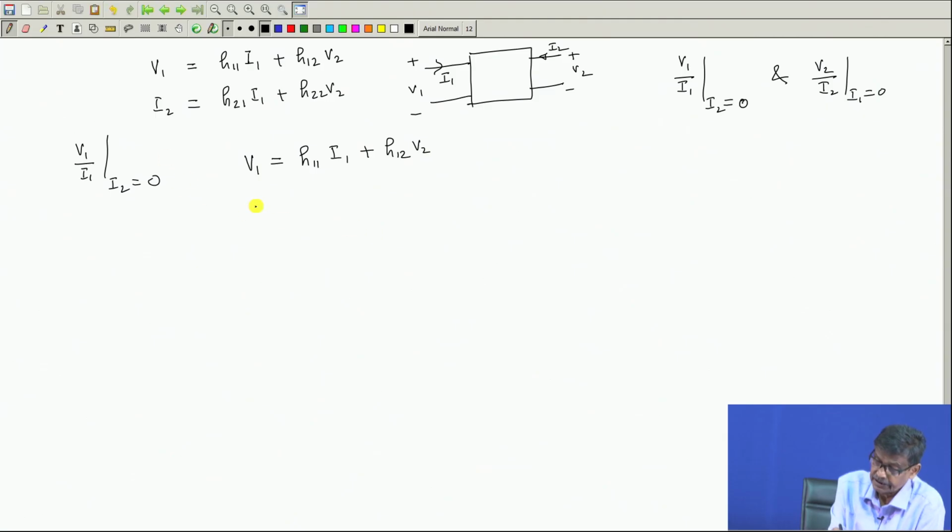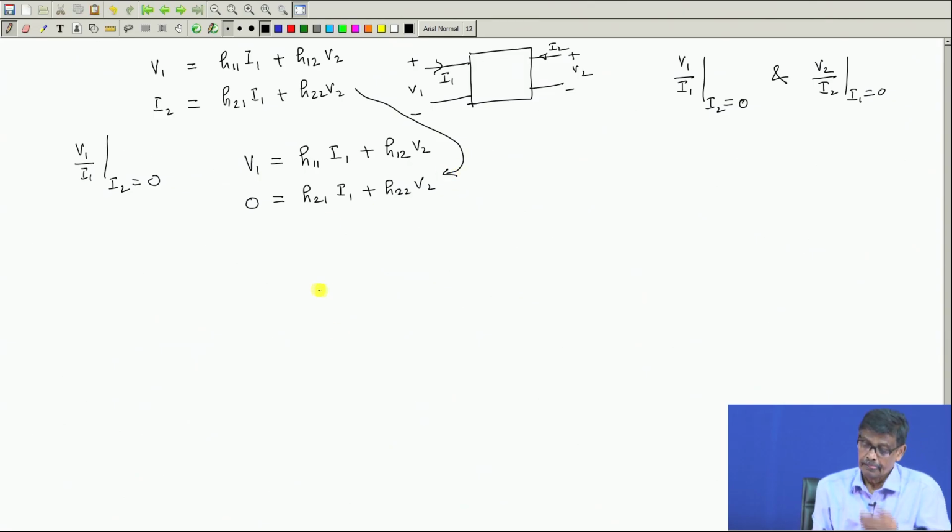And from the second equation you will get 0 is equal to H21 I1 plus H22 into V2. This is from this equation, I will get this. And I want to calculate V1 by I1. So, this V2 I will express in terms of I1.